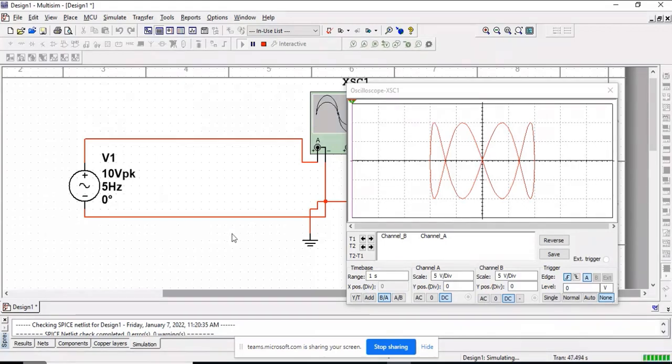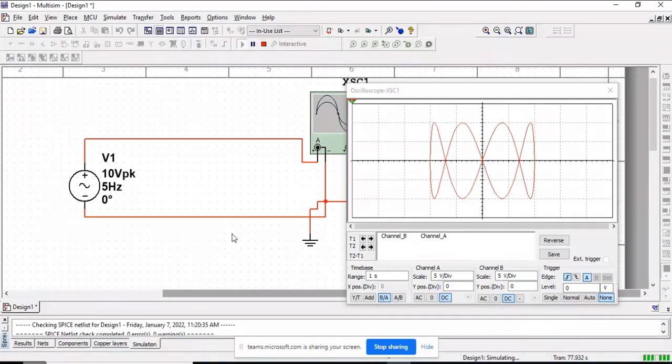Sir, initially you used two function generators and now you use one generator. So what is the difference? Actually, you can perform using two function generators, but I was showing the circle, and you will get a circle in the Lissajous figure only when the phase difference is 90 degree.